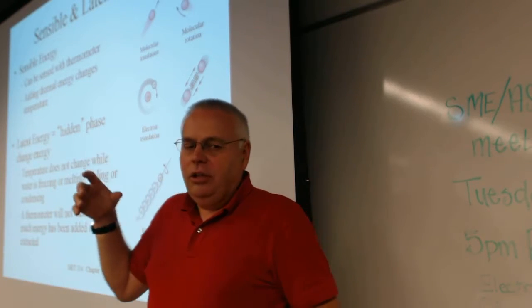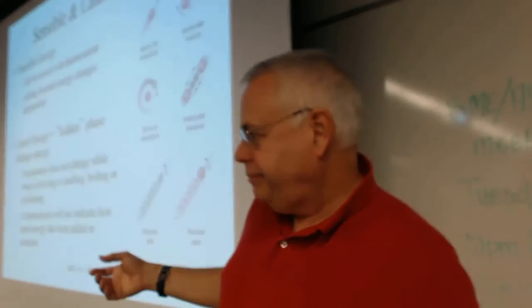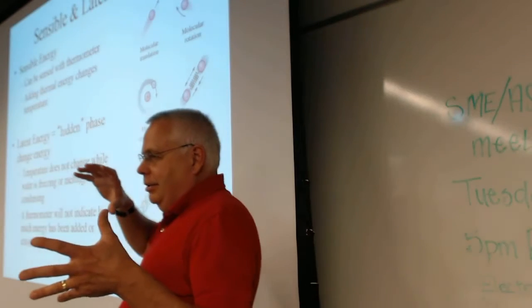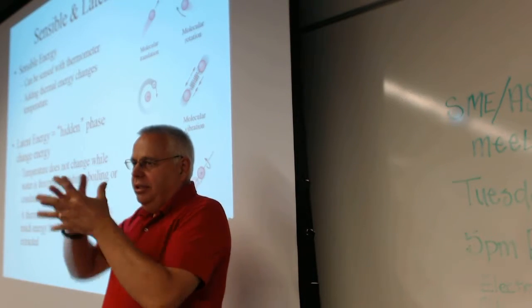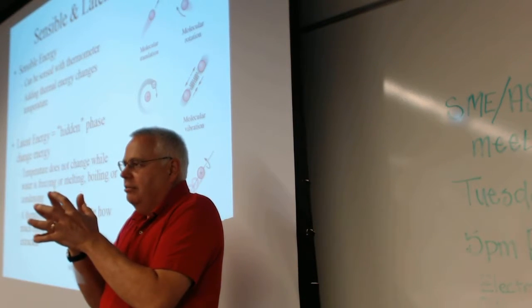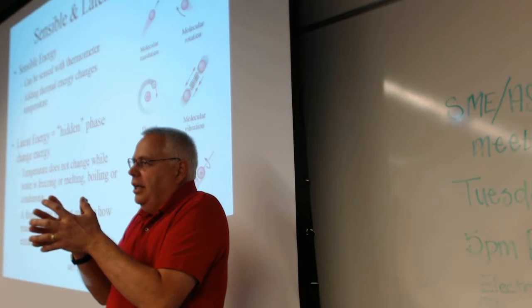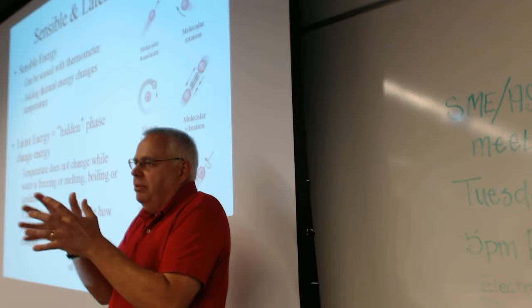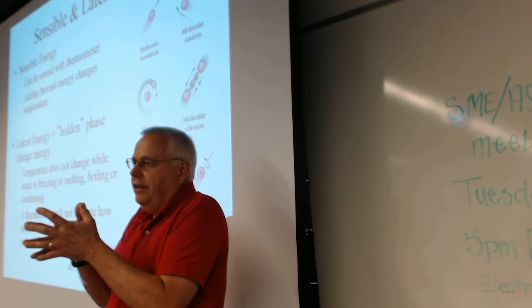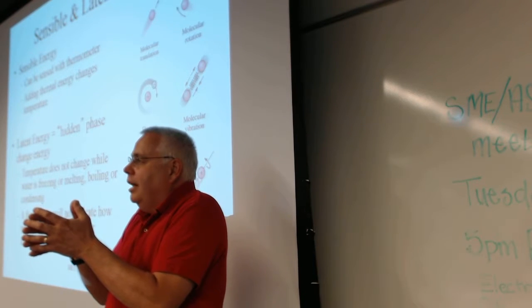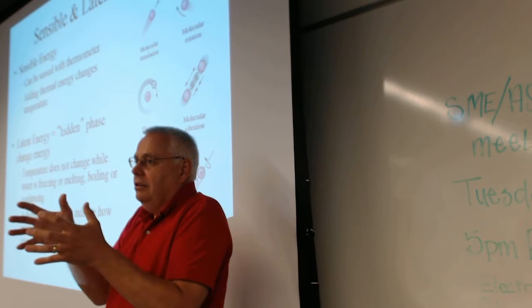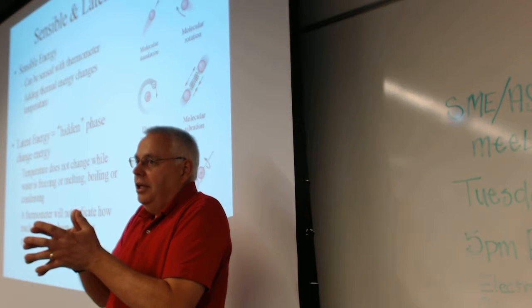When they go slow enough, the molecular forces will make them stick together, and the whole thing gets a lot smaller. The difference in volume between liquid and solid is not much because they're already close together. In fact, in the case of water, ice is actually less dense than the water is. And how do we know that?